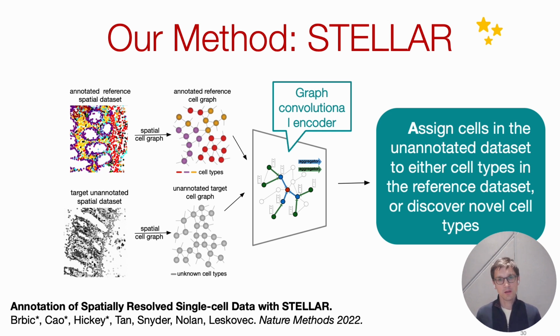The cool thing here is that we don't only try to transfer the cell type labels, but we are also able to discover which new types of cells appear in the unannotated target cell data set that may not appear in the reference data set.